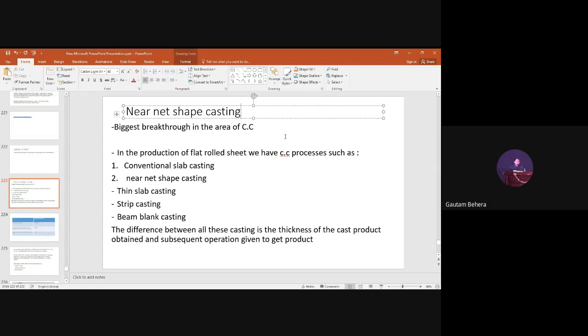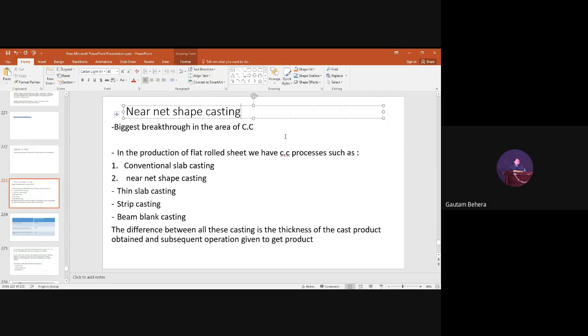Or in other words, if it cannot be directly used, the minimum processing will be there. Maximum processing will be cut off. That means the product is so thin, the thickness of the product is so thin, that we do not have to process it more. We have to avoid much processing on it.